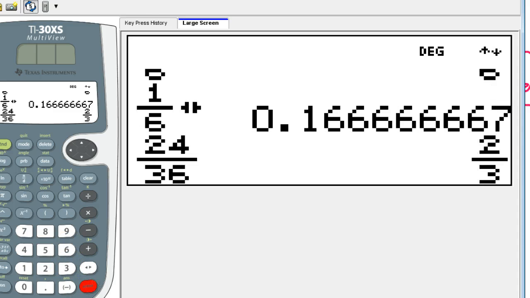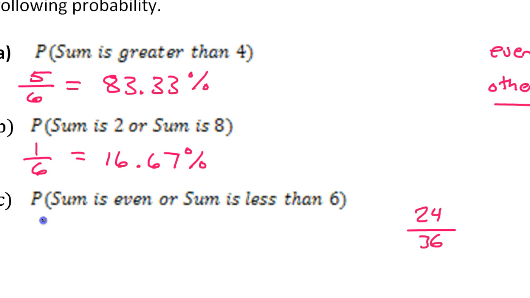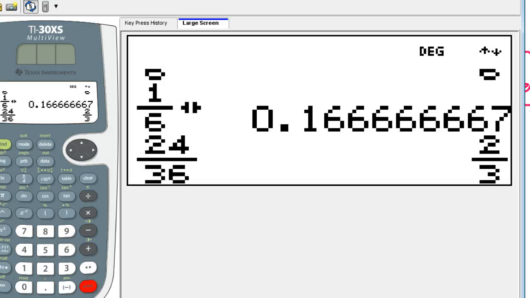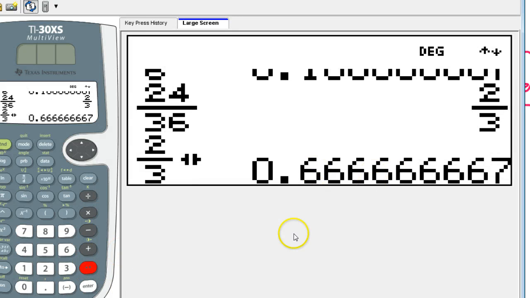That's 2/3, which I know is 66.67%. Okay, there you go.